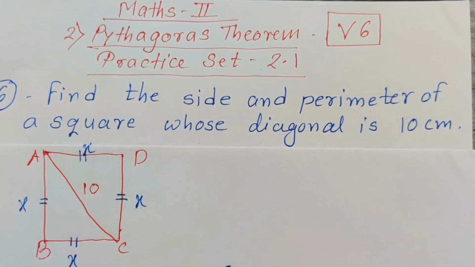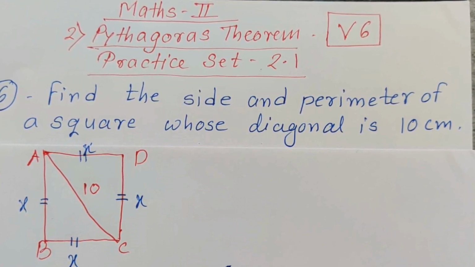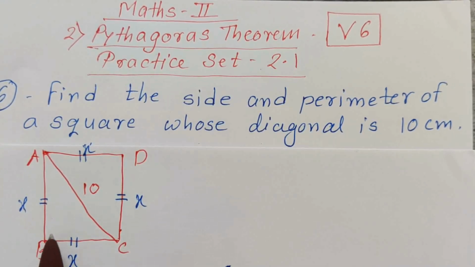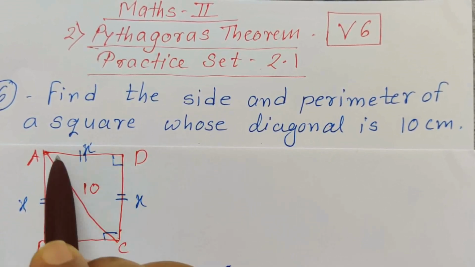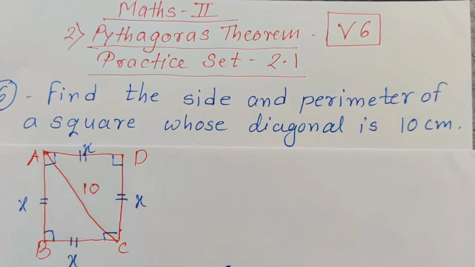Another property of the square is that four angles are also congruent and each angle is of 90 degrees, that means a right angle. So angle B is congruent to C, congruent to D, congruent to A, and all are of 90 degrees. These are the properties of the square which are useful here.